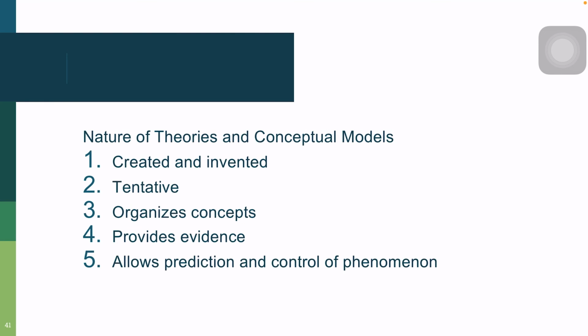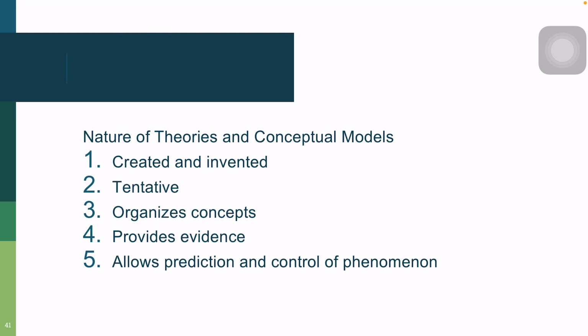So for the nature of theories and conceptual models, they are created and invented. Theories and conceptual models have much in common, including their origin, general nature, purposes, and their role in research. They are not discovered, they are created and invented.